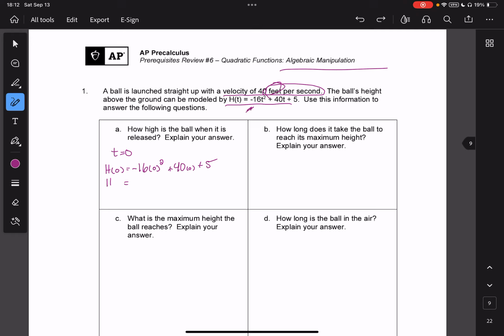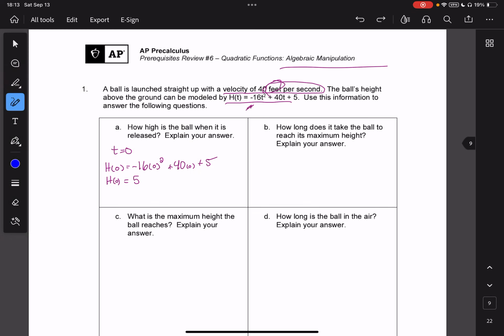So h of 0, when no time has passed, is 5. Remember our units are feet, since we're talking about the height, it's 5 feet. This means that the ball is 5 feet high when it's released.